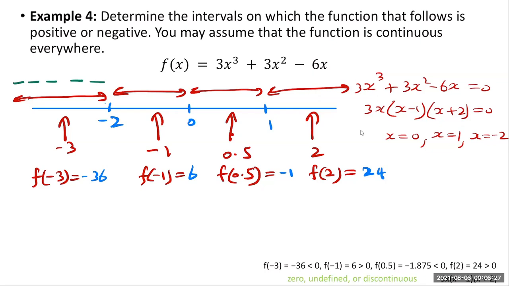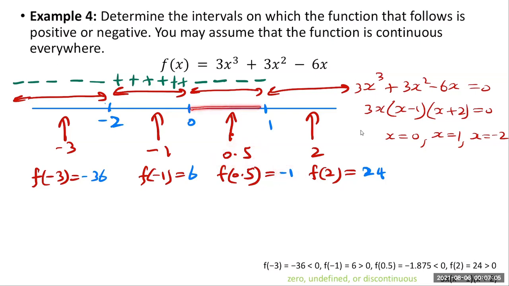And at x equal to -1, the number that I picked from this interval, my y value is 6, which is positive. So for all the x values in this interval, your y value has to be positive. And here, similarly, all the y values in the interval (0, 1) have to be negative, because at x equal to 0.5, your y value is negative.